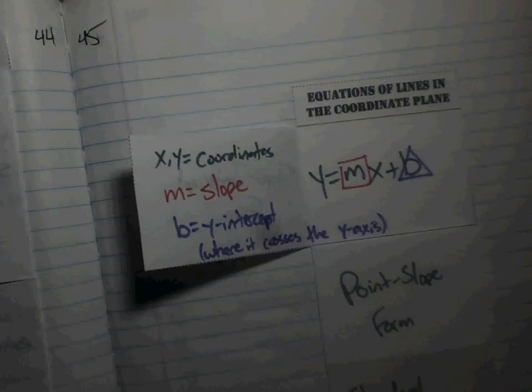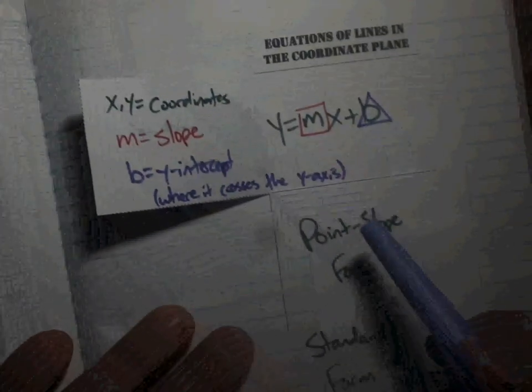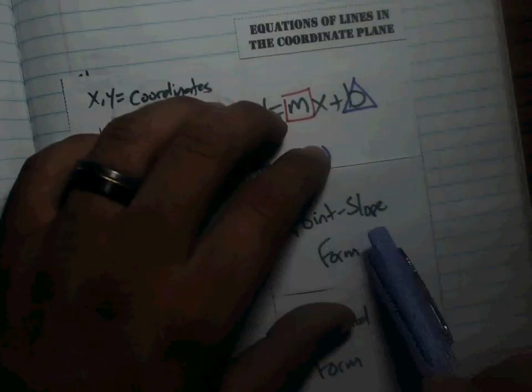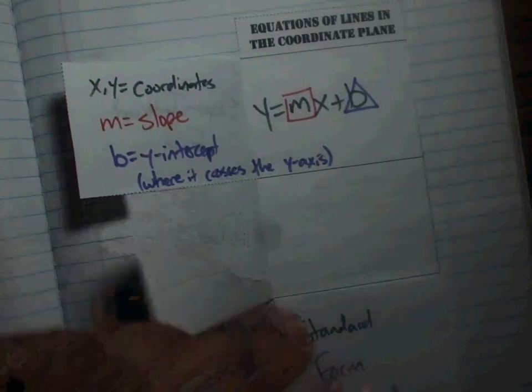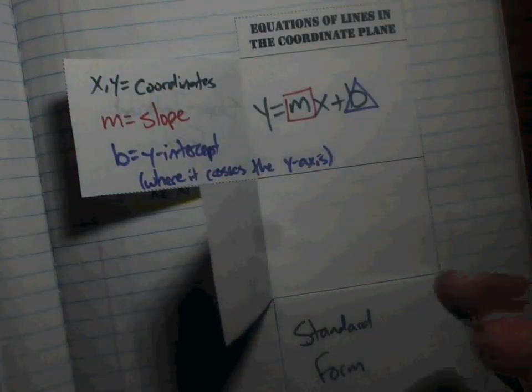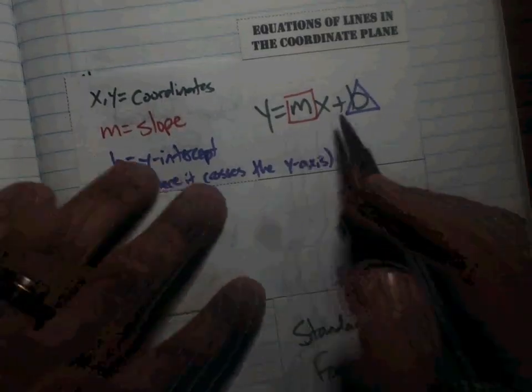Okay, point slope form. This one's actually the easier one. It looks super complicated, but it's amazingly easy once you see it and go through it. Point slope form: we're still using y's and x's and m's.